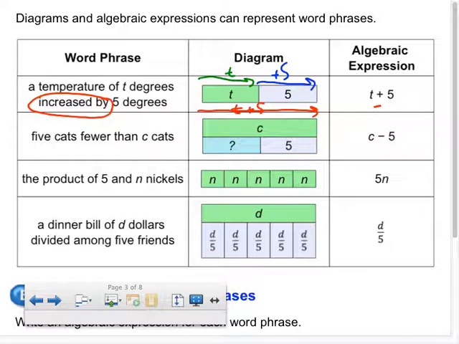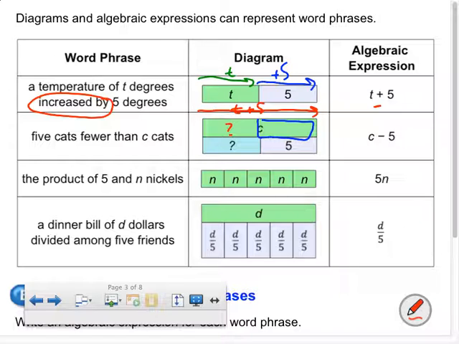All right. 5 cats fewer than C cats. Well, here if you have C cats and you take away 5, I'd be left with the difference, that part. You guys understand what the diagram's trying to depict? It's not important that you understand it.